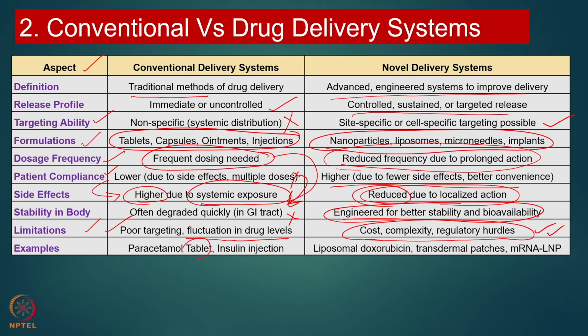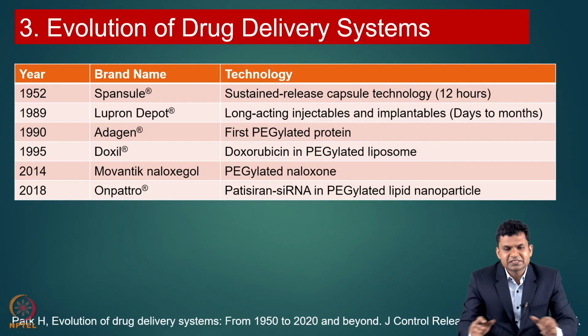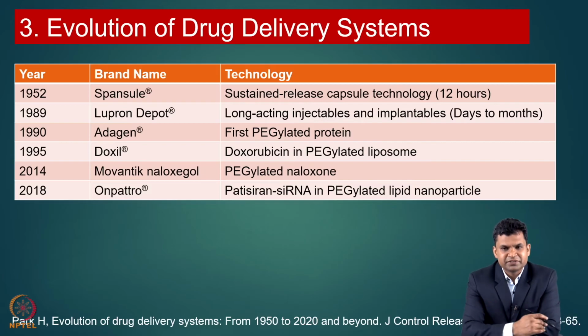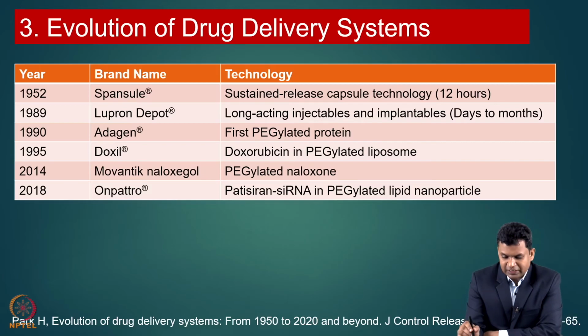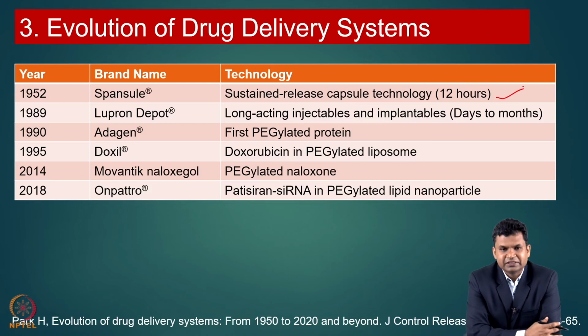These are some examples: paracetamol tablets and injection, whereas liposomal doxorubicin, transdermal patches and mRNA lipid nanoparticles are examples of novel drug delivery systems. As I mentioned in my last presentation, with this we can expect 12 hours of release.